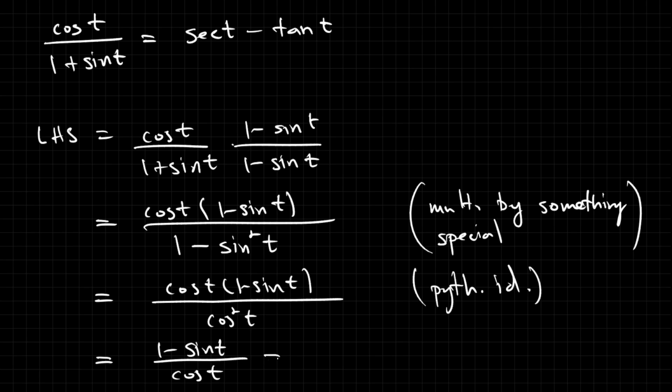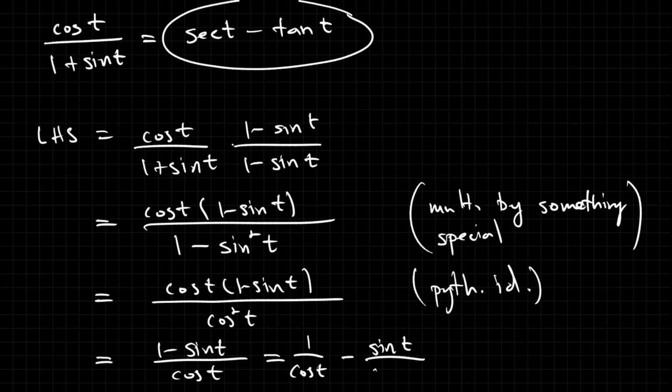Now you have this fraction here, and I'm trying to get to the right-hand side, so I'll split up this fraction. So this would be 1 over cosine t minus sine t over cosine t. For this step, that would just be fraction addition. And finally, this would be secant t minus sine t over cosine t, which is tan t, which is the right-hand side. All right, so there's a couple different ways to do the same problem.